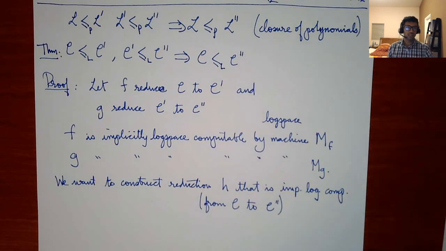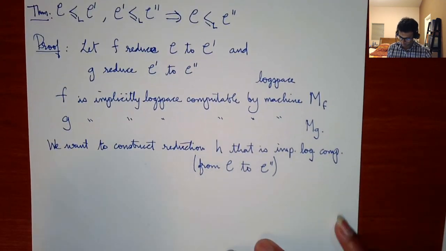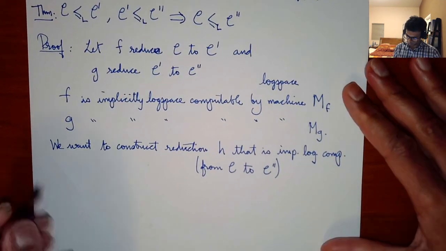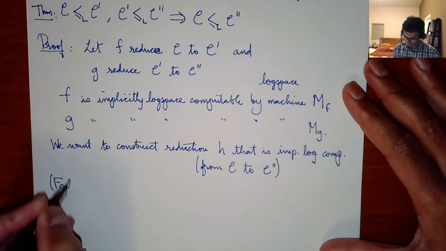So what you need is to be able to chain these Logspace machines together. The problem is, let me give you the failed proof and tell you why that doesn't work. So here's a failed proof.